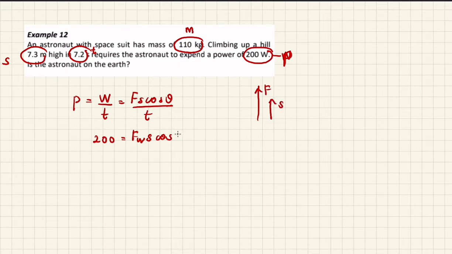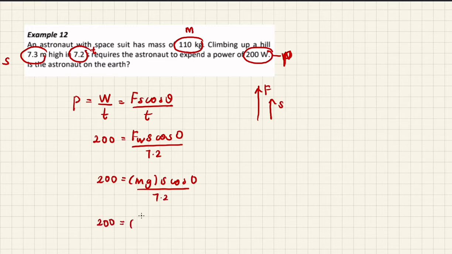So theta kita adalah 0, bahagi time yang diperlukan, which is 7.2 seconds. So 200 equals force by the weight, which is mgs cos 0 bahagi dengan 7.2.